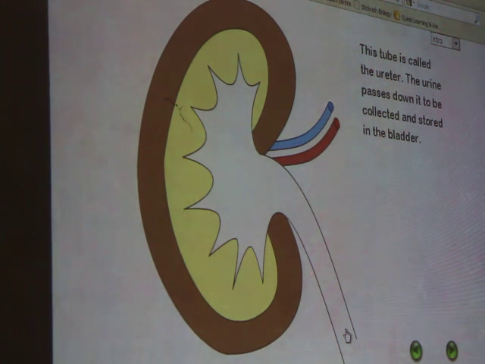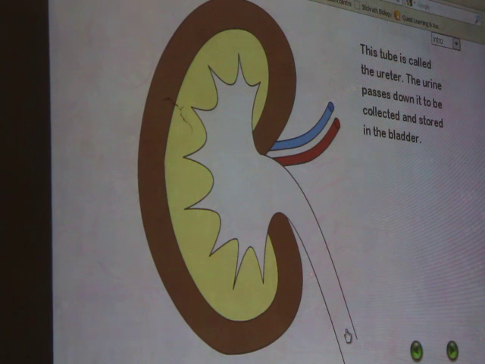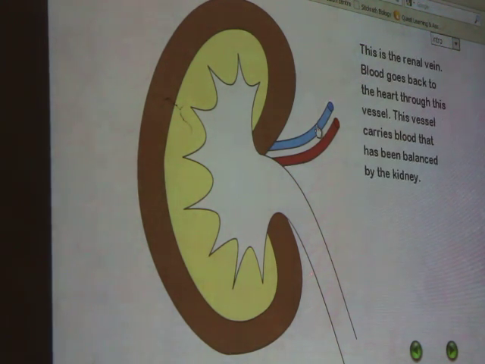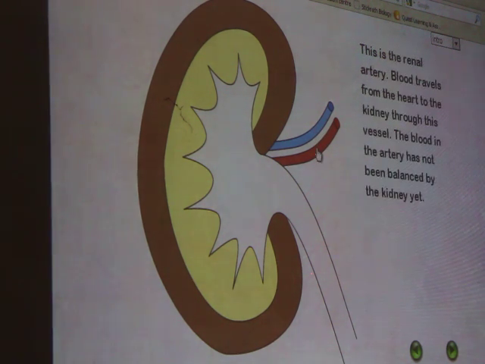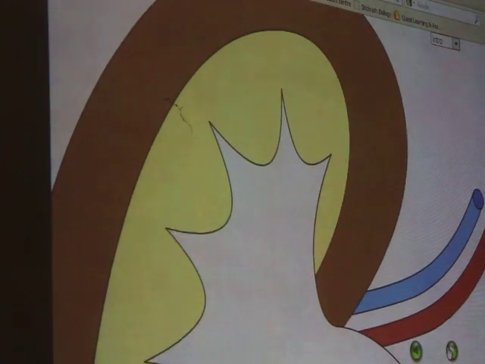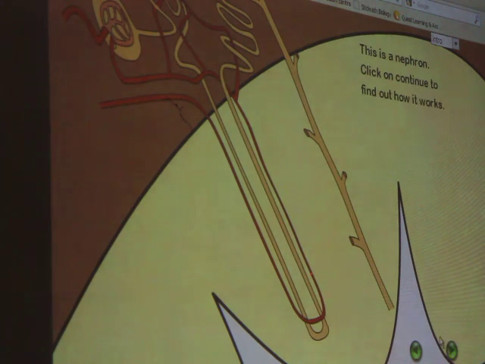You guys are with me in that? Yeah, so we're oriented to it. What about these vessels? What's the blue vessel represent? Vein. The vein, right? Carrying the filtered blood back to the heart. And what about the red? Renal artery. The renal artery, good. All right, so that's just the quick little introduction. If we zoom in, you're going to see the image of a nephron come up. And most of our class period today is going to be a discussion of the nephron and how it works.